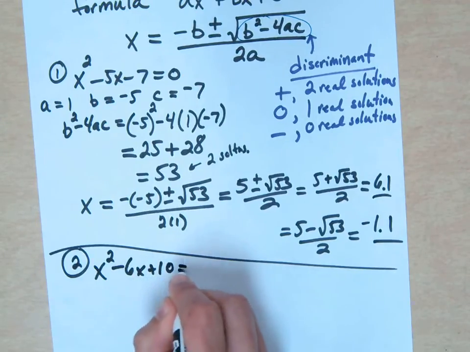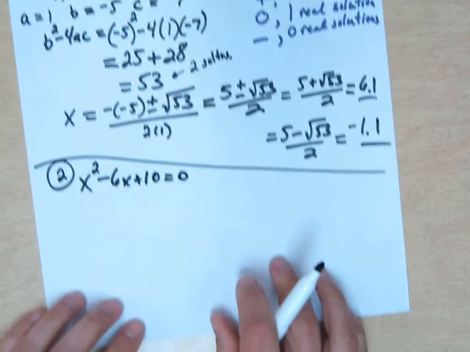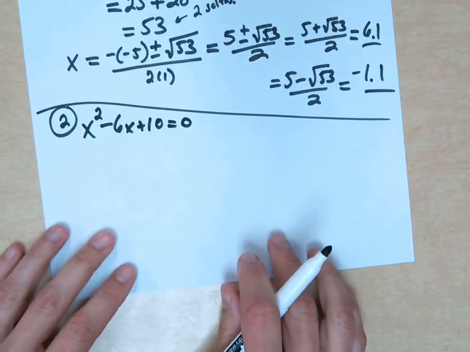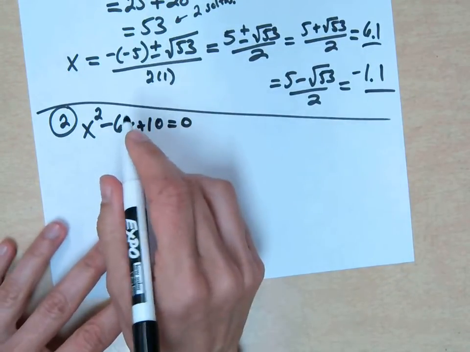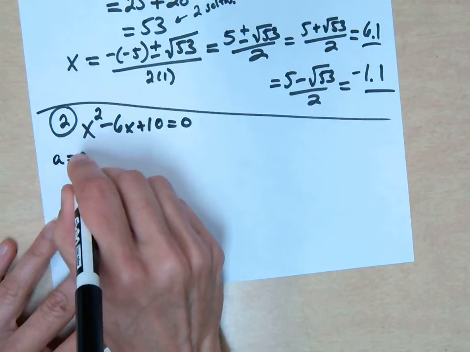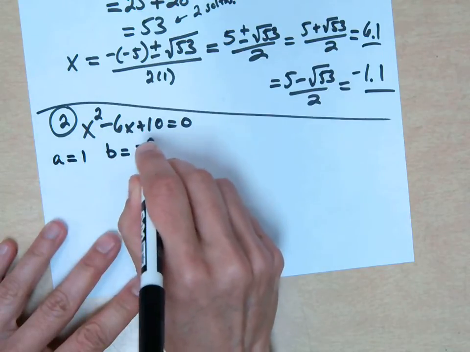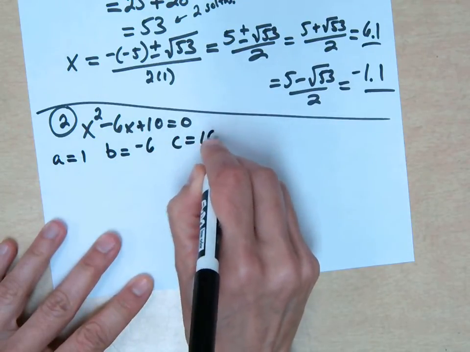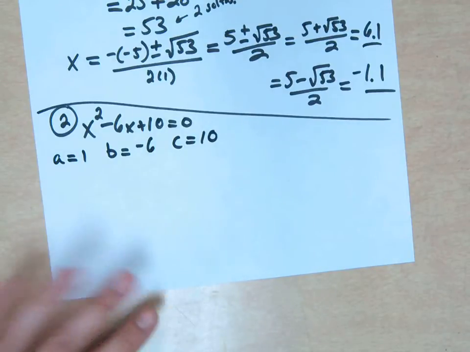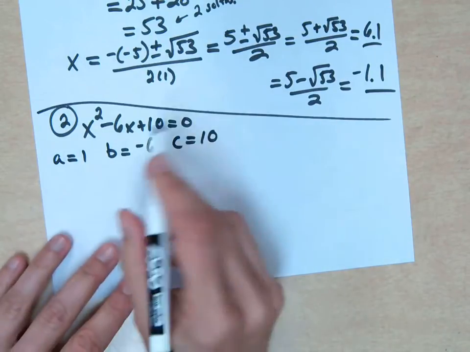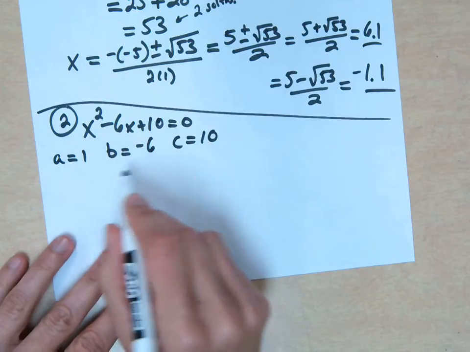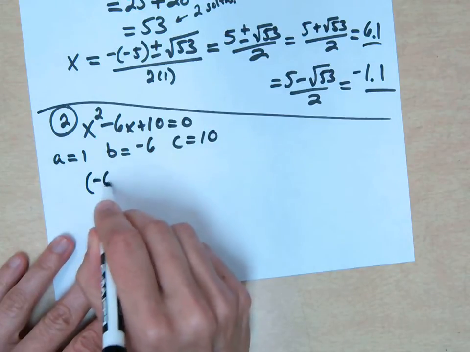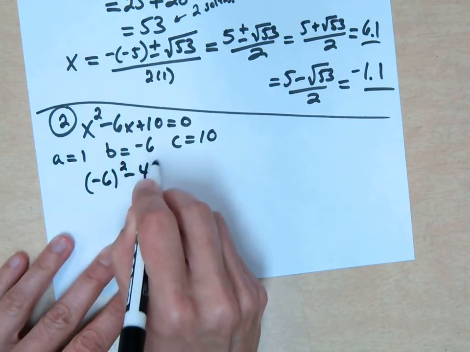So that was the first example. Let's try this one. X squared minus 6x plus 10 equals 0. So hopefully we've got it memorized now. So A equals 1, B equals negative 6, and C equals 10. You don't have to write out the list of these as long as you do it correctly.